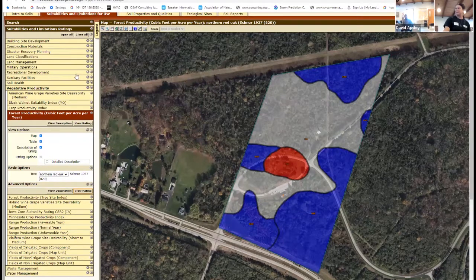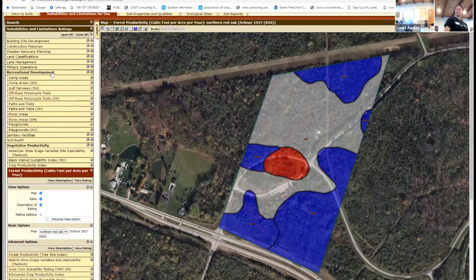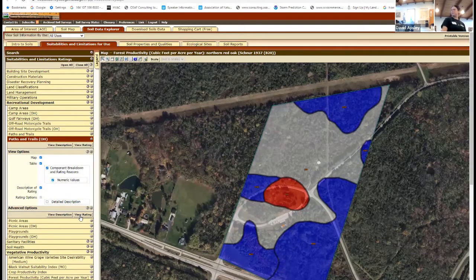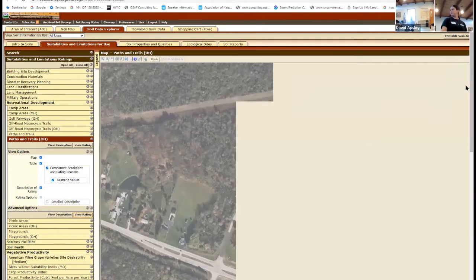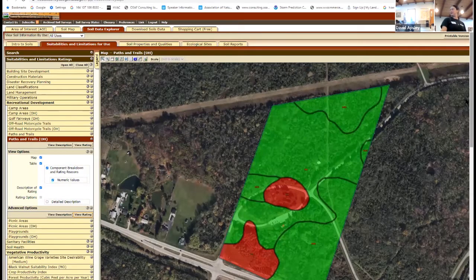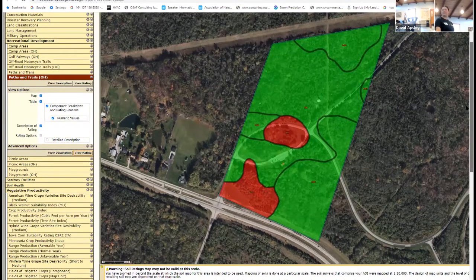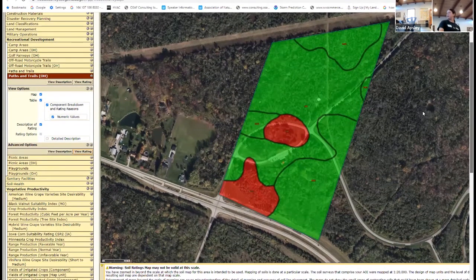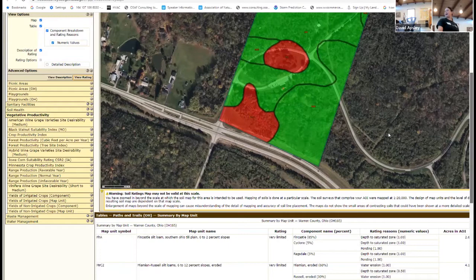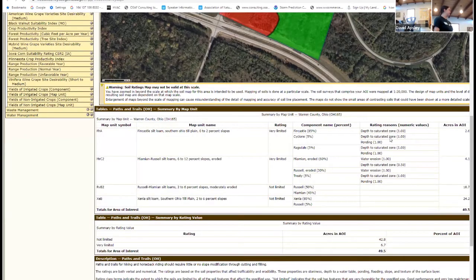So the other interesting things on here are some recreational aspects. If you want to put in a path or trail, you can view the rating for that. Green is usually good, red is usually bad. But down here, it will actually tell you the reason why it's good or bad.